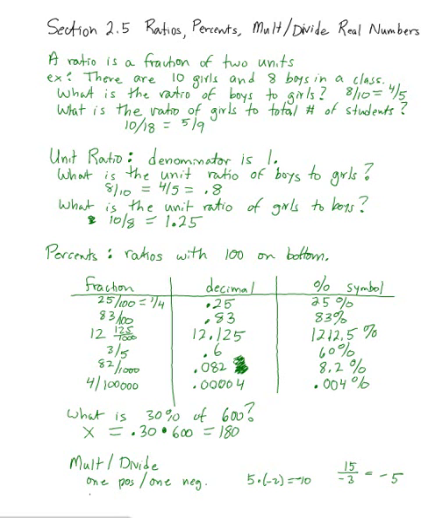The other possibility is two negatives. And this is a rule people usually remember. Two negatives make a positive. Negative 3 times negative 4 is 12. Or negative 18 divided by negative 9 is 2. Okay, so that's what you need to remember about multiplying and dividing positive and negative numbers.